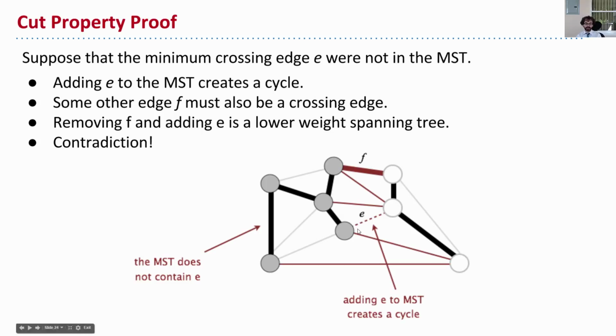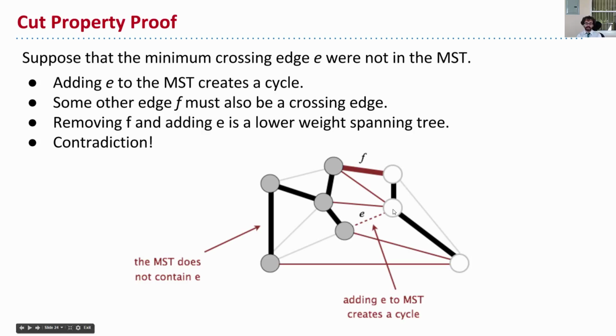In that case, if we take the existing minimum spanning tree, some graph, I have a cut here, gray and white, and this is the minimum crossing edge. All the thick lines represent the minimum spanning tree, and E is the minimum crossing edge. What I'm going to note is that if we added E to the minimum spanning tree that we've already built, then it would cause a cycle.